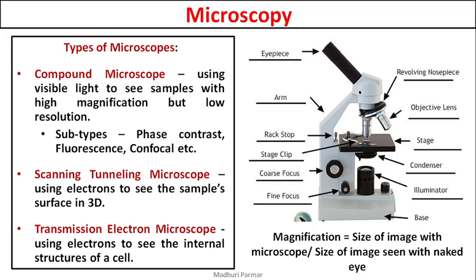So to see these smaller molecules and smaller organelles, electron microscopes are used. Here, the scanning tunneling microscope will use electrons, and you can see the sample's surface. Only the surface of the sample can be seen using this STM, in 3D.